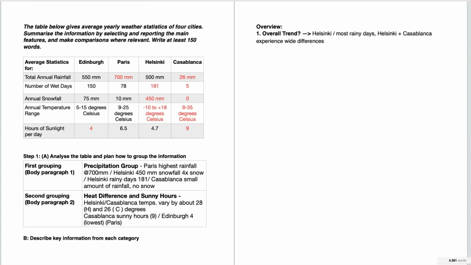And then I am going to talk about how Casablanca differs from the rest of the cities because it is the warmest, driest, and has the most sunny hours. So you note how I'm not really talking about Paris and Edinburgh that much in my overview. I will most likely mention Paris when I talk about the annual rainfall, just because it's an interesting contrast to the number of wet days that Helsinki has.